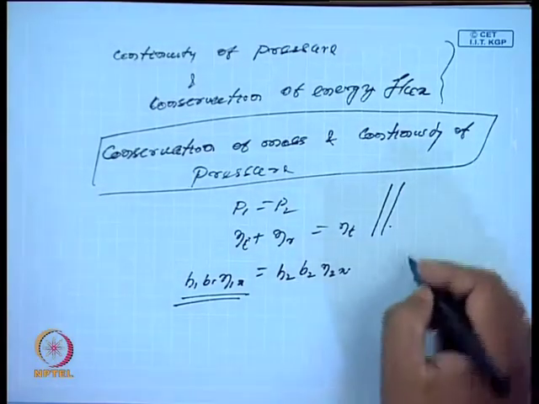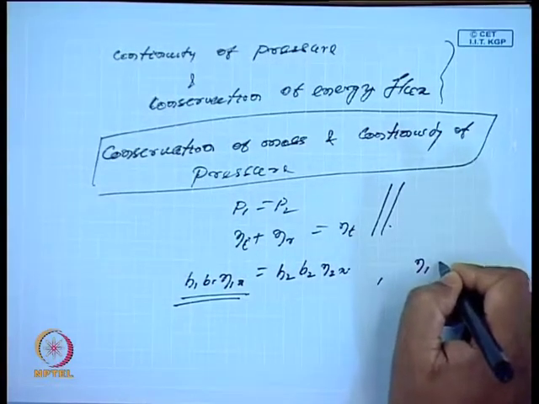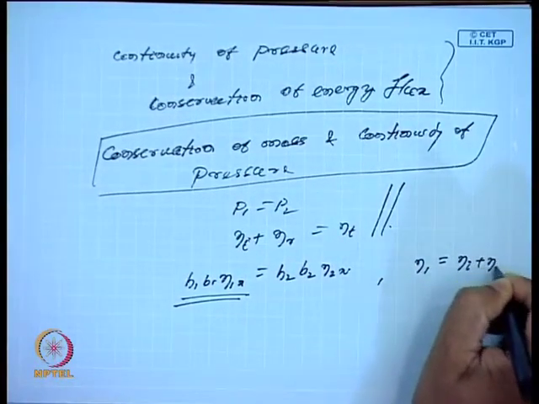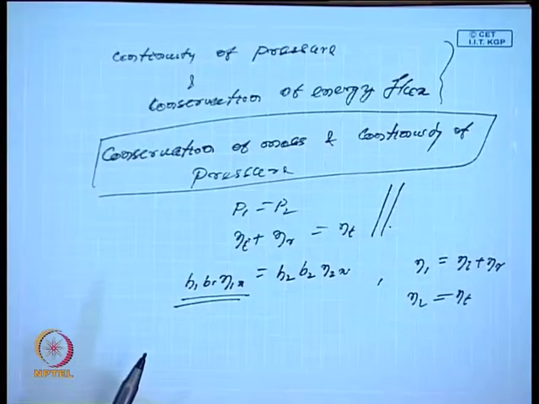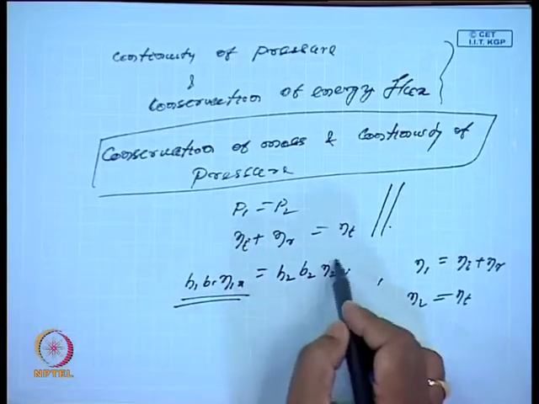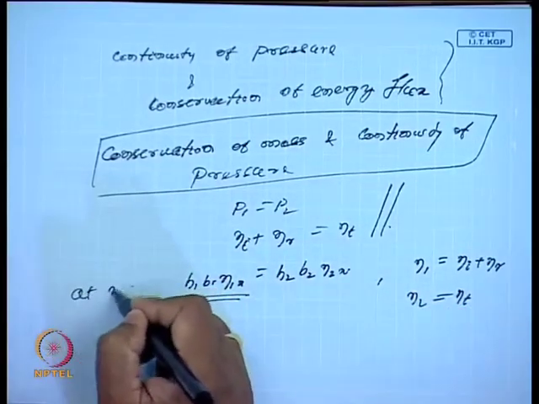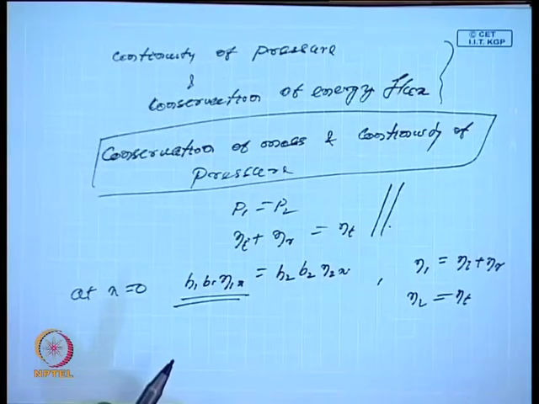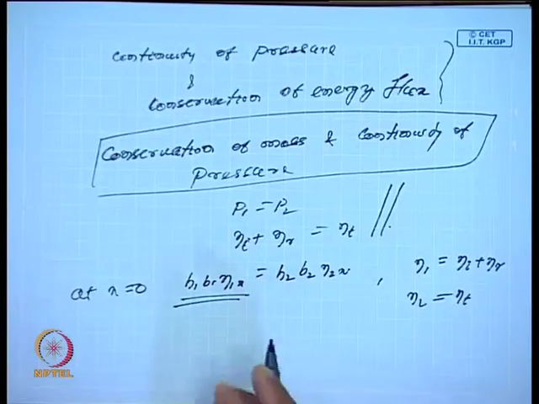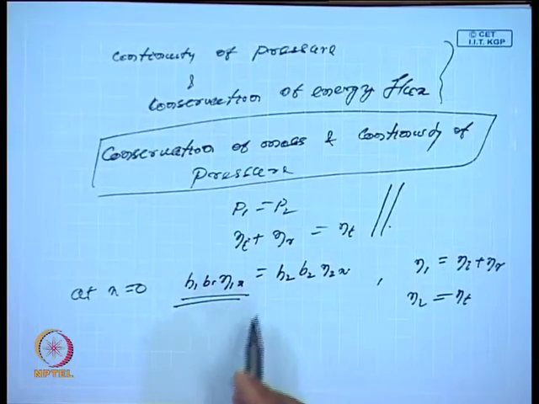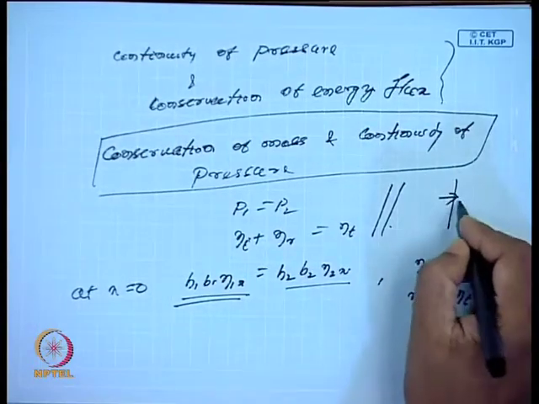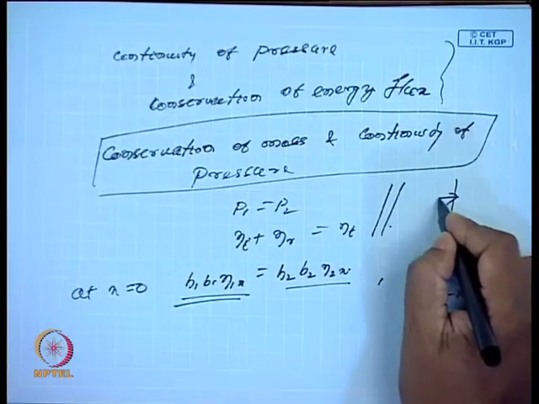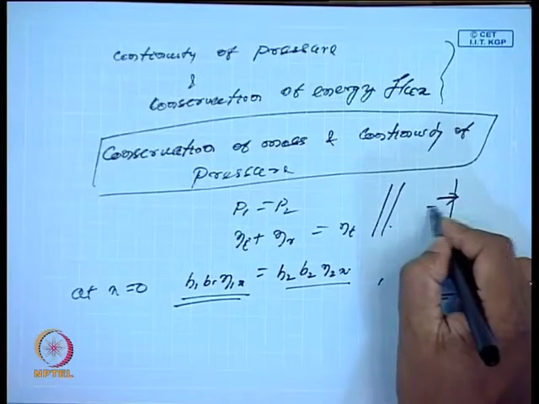Eta1 is nothing but eta I plus eta r, and eta2 will be eta t, and this will hold at x equal to 0, because the mass of fluid is the same. Whatever amount of mass is on the left side, the same amount of mass is on the right side.